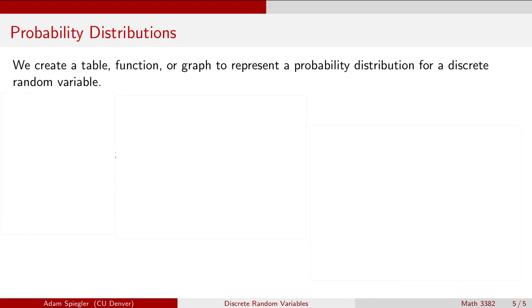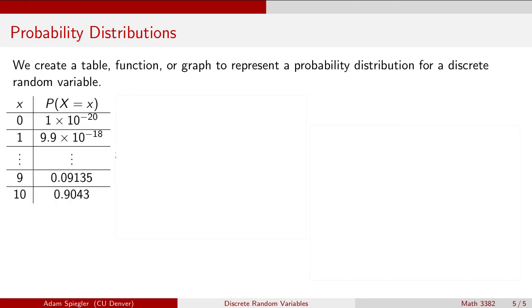When we're working with a probability distribution for a random variable, in this case a discrete random variable, it's a function. Just like in algebra and calculus, we can represent these functions with a table, with a formula, sometimes with a graph. So for the example with the 10 lithium batteries being shipped, we could summarize all of the possible outcomes.